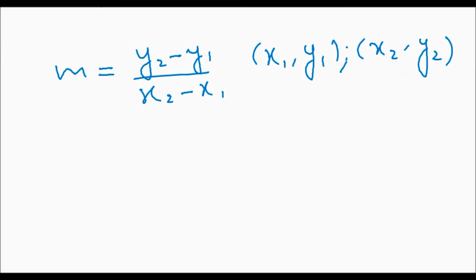These are the points P and Q; suppose it's Q and it's P, and x1, y1 can be any numbers. So that's how I can find the slope of the line if I know 2 points.